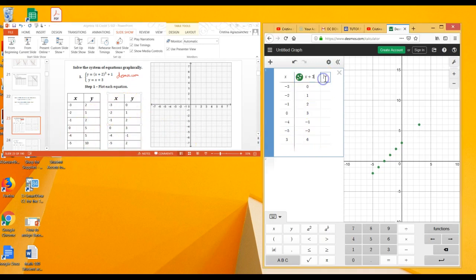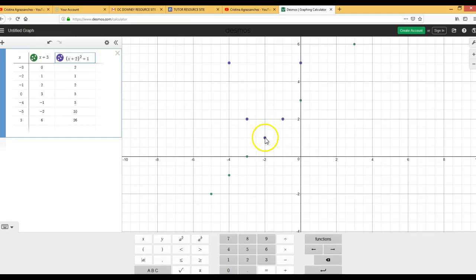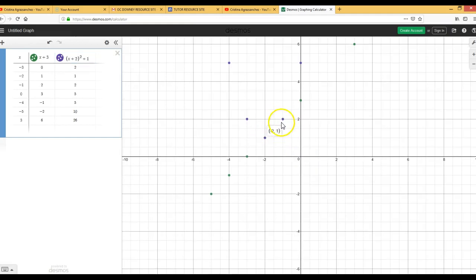In fact, why not have them side by side so we can see what they look like? So I'm going to put down parentheses, x plus 2, parentheses, squared plus 1. As you can see, they overlap a little bit here and here. So those would be our two solutions.